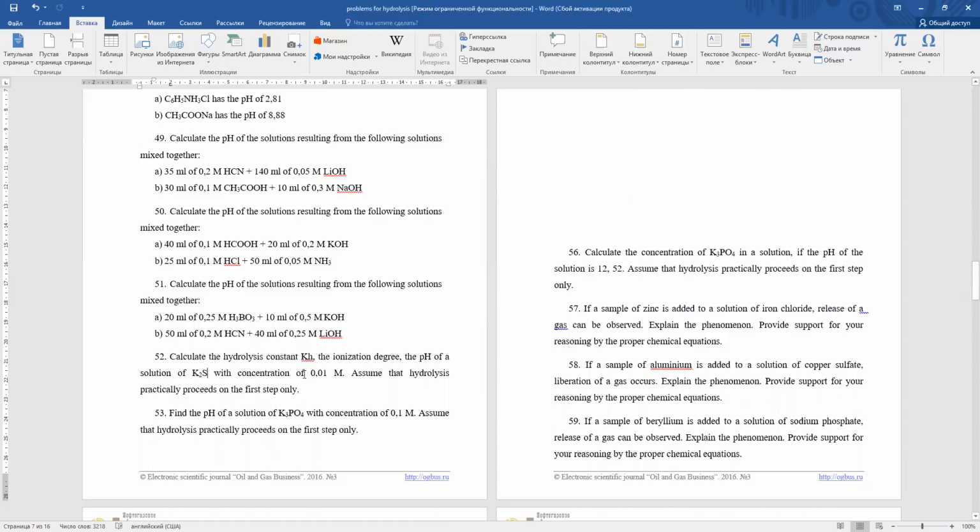Okay, at 0.01 molarity the hydrolysis practically proceeds on the first step. So you know the first step, potassium sulfate reacts with the water, and it can form this one.